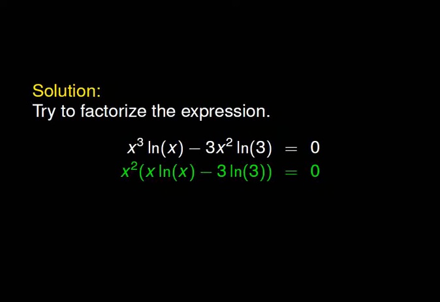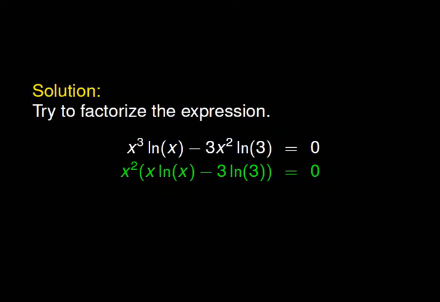In order to simplify this expression further, we will try to factorize it as much as we can. It is clear that x squared is the common factor of both terms. So we factor x squared out and obtain x squared times the quantity x times log of x minus 3 times log of 3.